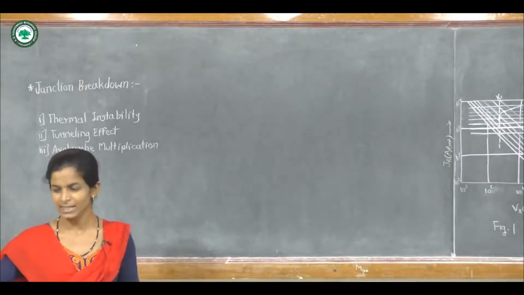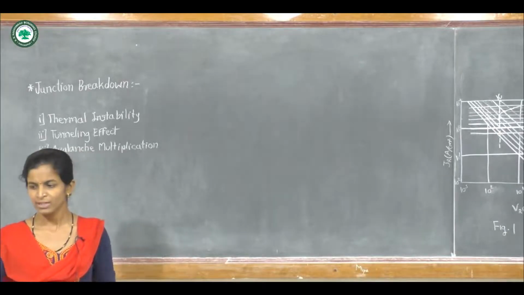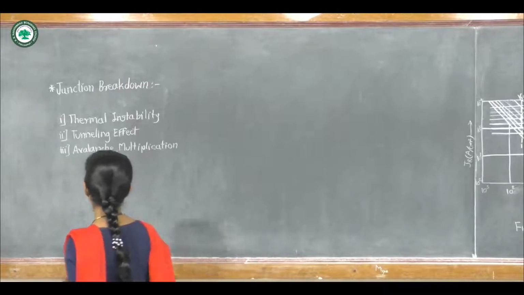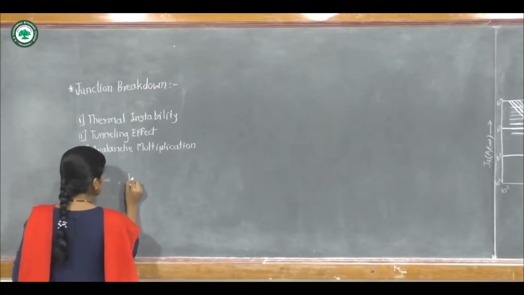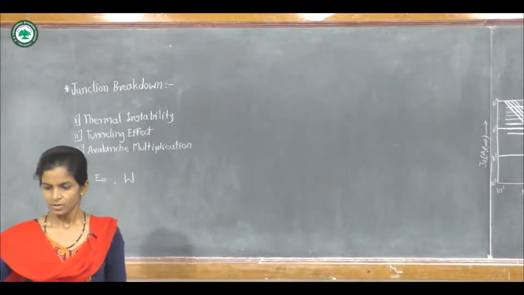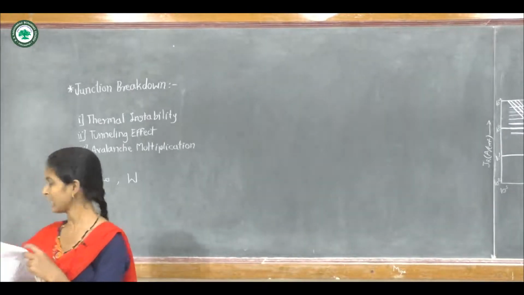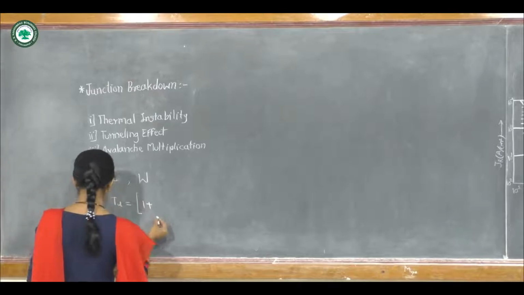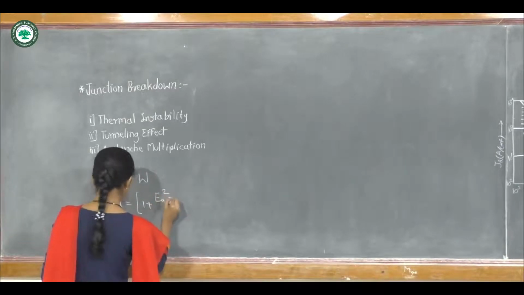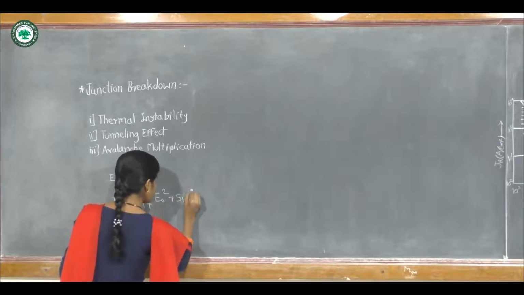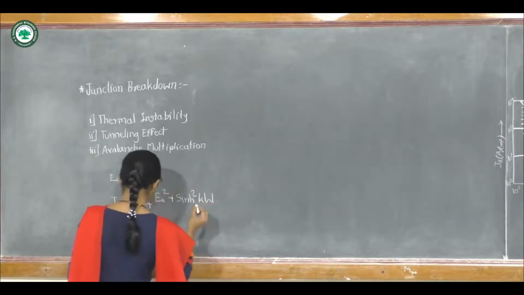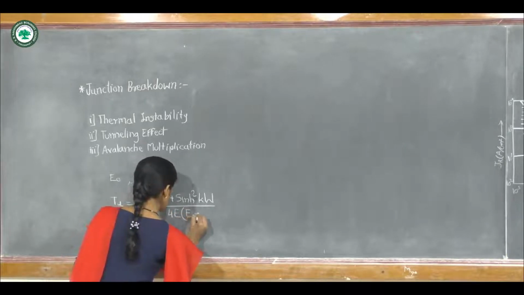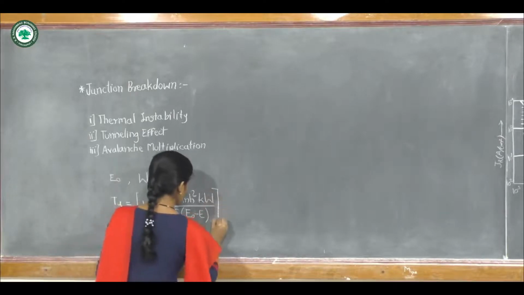Then the second one is tunneling effect. It is well known that for a one-dimensional square energy barrier with barrier height E0 and thickness W, the quantum mechanical transmission probability TL is given by TL is equal to 1 plus E0 square sinh square of K into W upon 4E into E0 minus E, raised to minus 1.